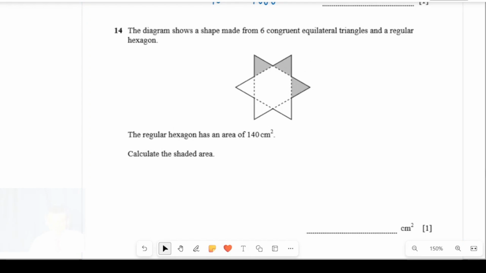Now, if you look at actually what is happening here, let me illustrate something. Let's complete this diagram and see.